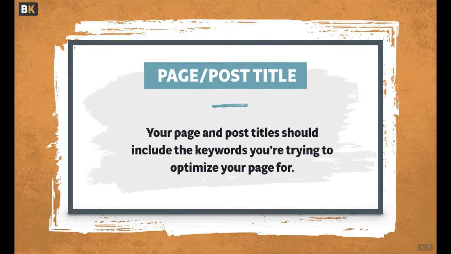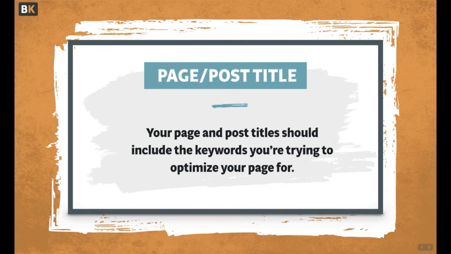So let's talk about your page and post title. Your page and post title should include the keywords you're trying to optimize your page for. For pages, you'll be able to give your page a separate title from what shows up at the top of your page. Think of the page title versus the hero section header. Both are great places for keywords.